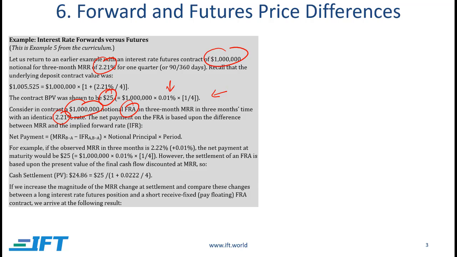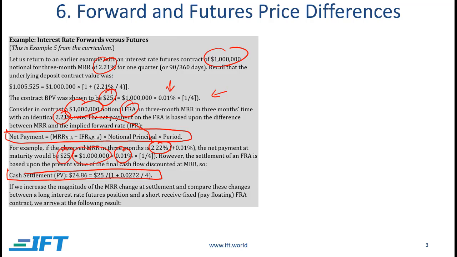And when we use this formula, which is for the forward rate agreement, first we take the difference between the two rates, which is the new rate and the old rate, and we multiply that difference with the notional principal. So the 1 basis point is the difference from 2.21 to 2.22. So this 1 basis point difference multiplied by the notional principal also gives us this $25 amount, which is the same as this.